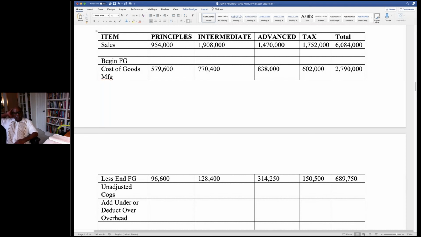$750. All right. And then the unadjusted. Can you subtract those numbers out? Good. Okay, 579. We get 483.